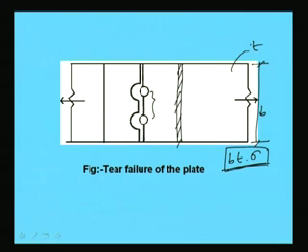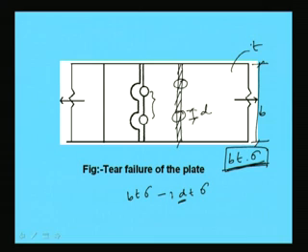So, strength you can find out like this, but when we are putting holes, say 2 holes, then what will be the strength? Then strength will become B T into sigma minus D into T into sigma. D means diameter of the rivet hole. So, because of the hole, the strength of the plate is going to reduce.